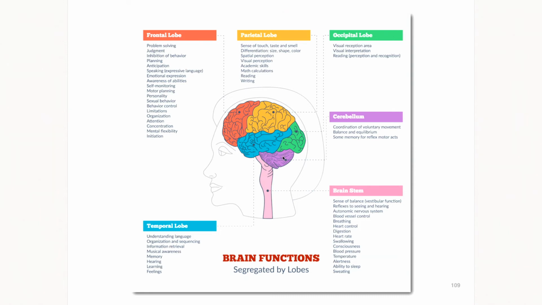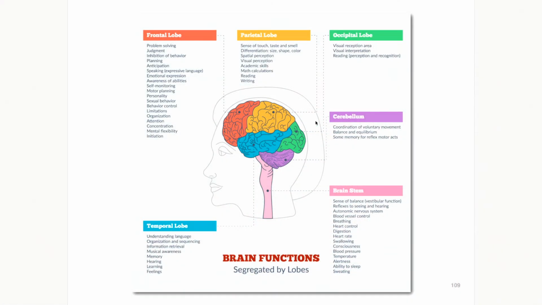The cerebellum, very oriented around coordination and voluntary movement. And the brainstem, which is all the autonomic systems, things that happen automatically, like breathing and digestion, and even some of the spinal cord reactions, like the patellar reflex on your knee when they do the little hammer thing.